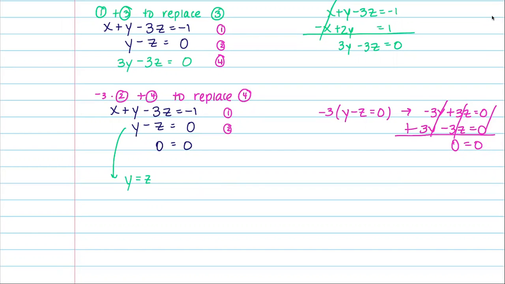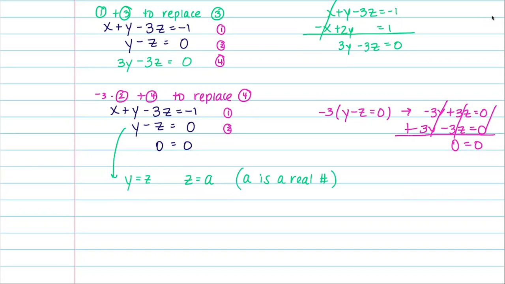So I know that y and z are going to be the same value. Just for the sake of writing my solution, let's say z equals a, where a is a real number. It doesn't even have to be an integer. It's going to be a real number.